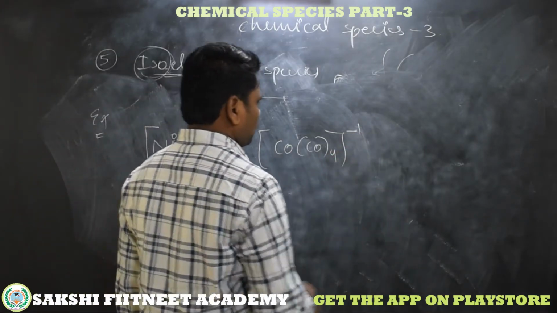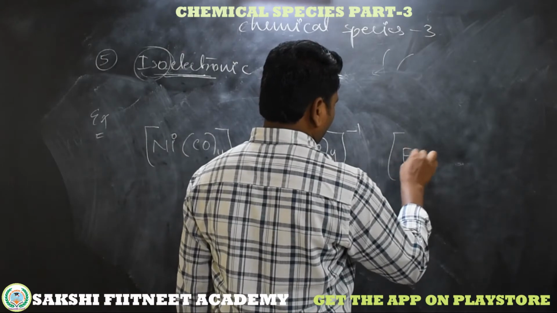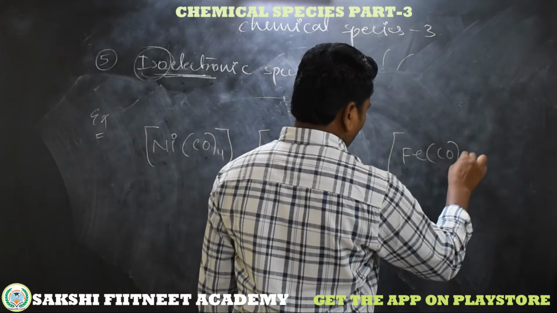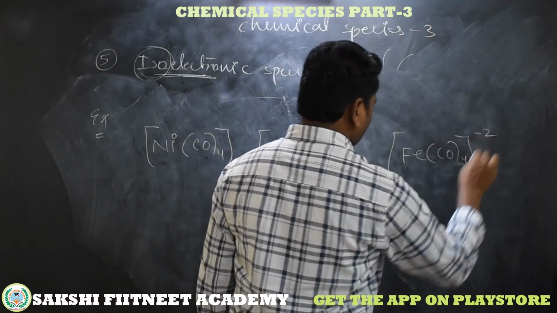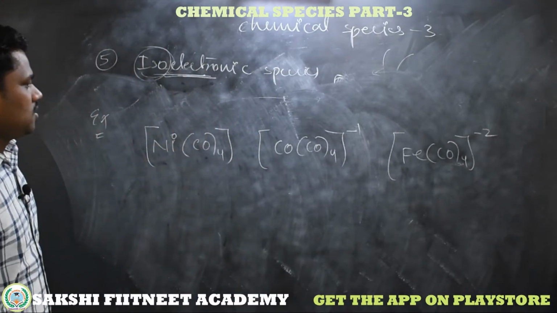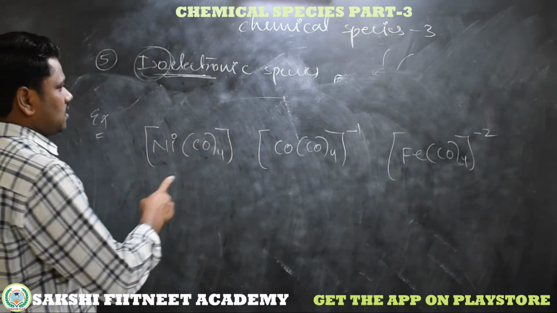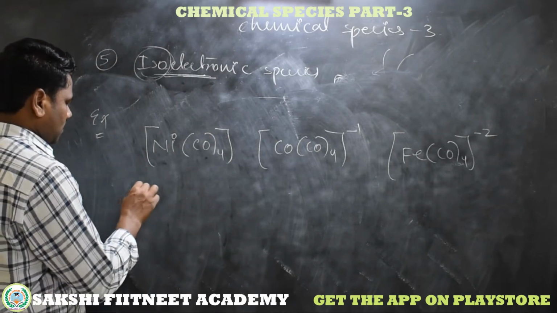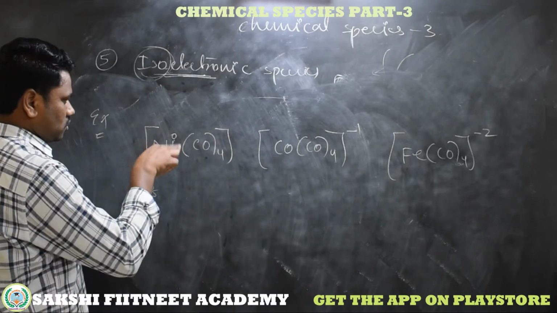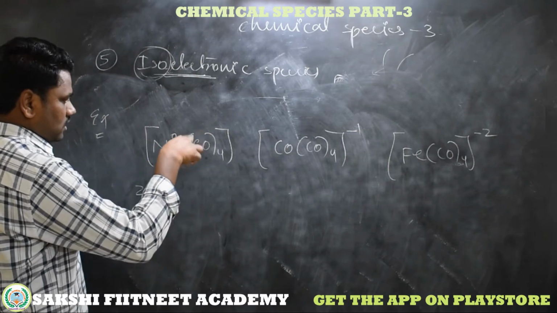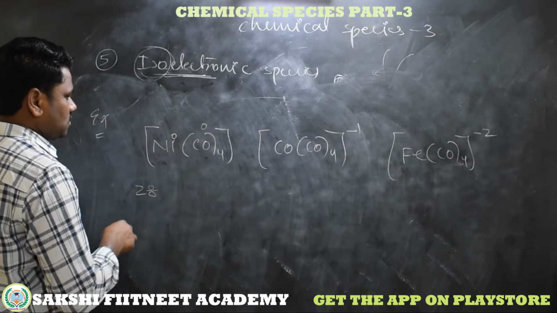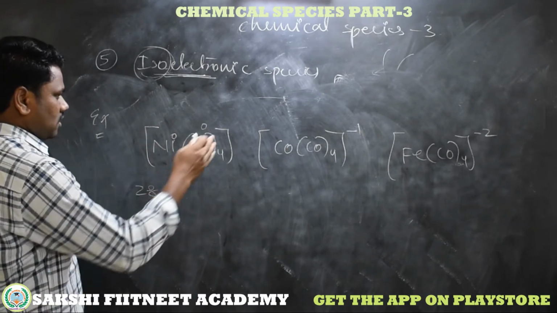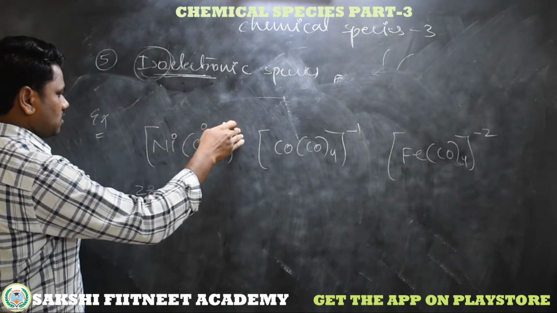The charge is -1. Now coming to iron with 4 carbonyl ligands, -2 charge. Let me check whether these are isoelectronic or not. Now coming to nickel, atomic number is 28. There is no charge because the ligand has 0 charge, so there is no total charge on this coordination compound.